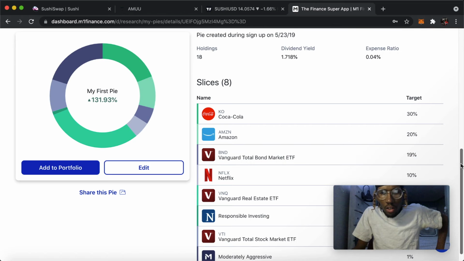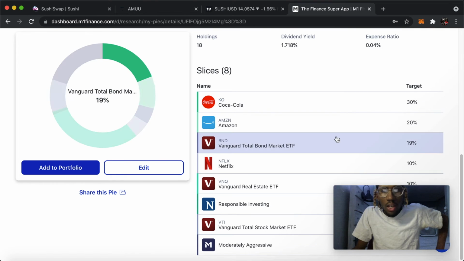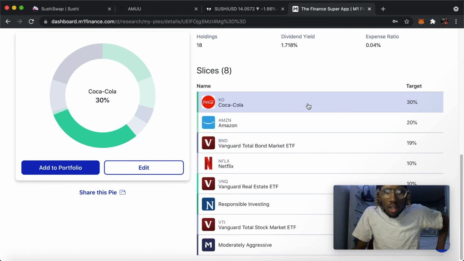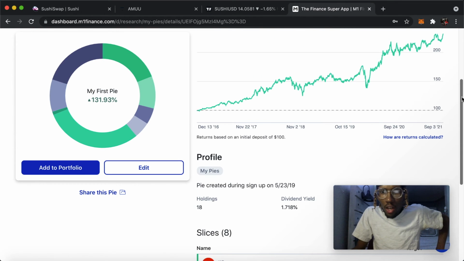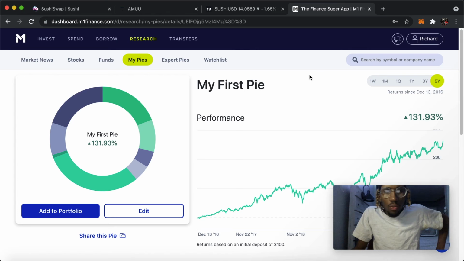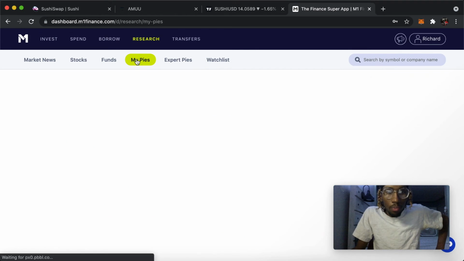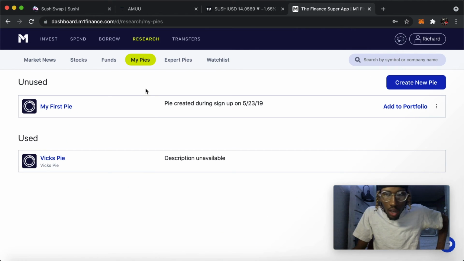This is a pie I created back in 2019, but I ended up creating a different one that was more to my liking. But this one was always there, and it never got deleted. I never deleted it, so it's just been there. And basically you can connect this pie to your other pie by going here and adding it to portfolio. So that's something cool that you can do with that.